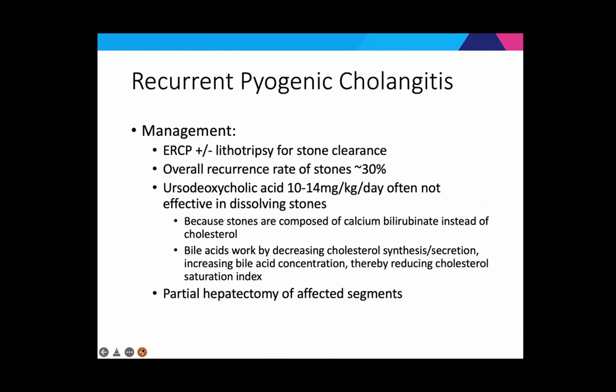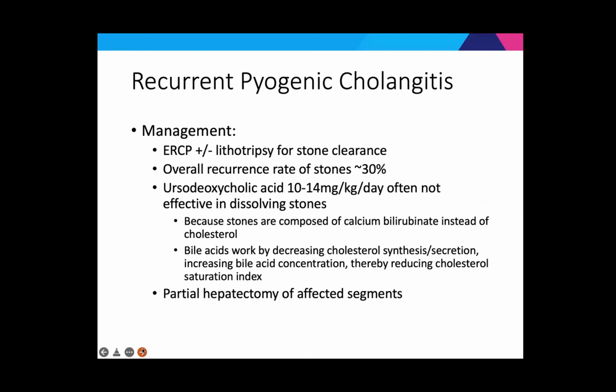The treatment for this is ERCP to help control the infection and to try to clear the stones. Many of the patients have large stones hiding away in the upper intrahepatic ducts, so they may require lithotripsy during the ERCP for complete stone clearance. Some people may even need multiple sessions of ERCP for complete stone clearance.